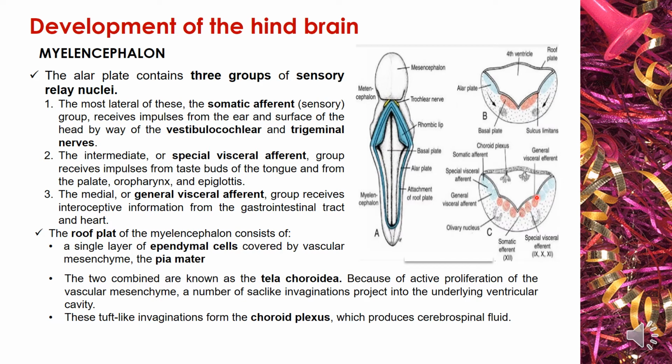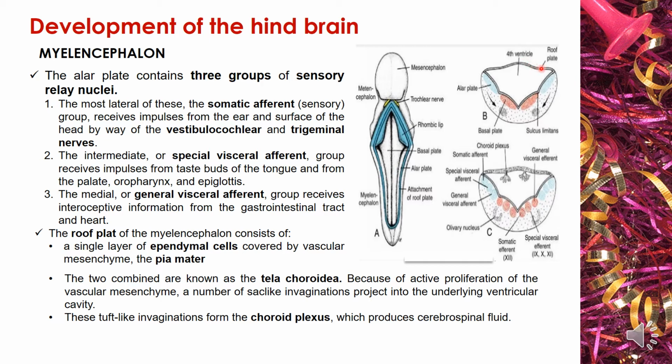The roof of the myelencephalon, the roof plate, consists of single layers of ependymal cells covered by visceral mesenchyme, the pia mater.